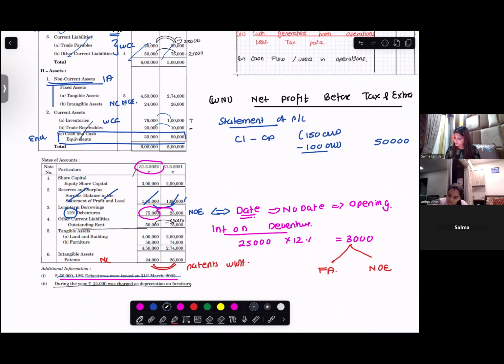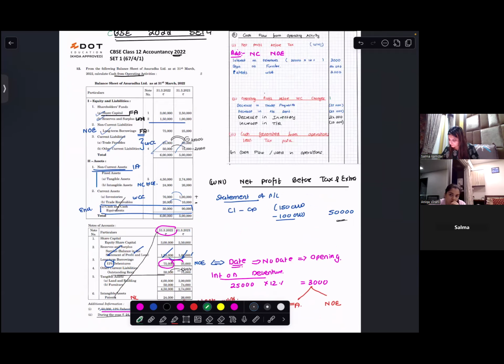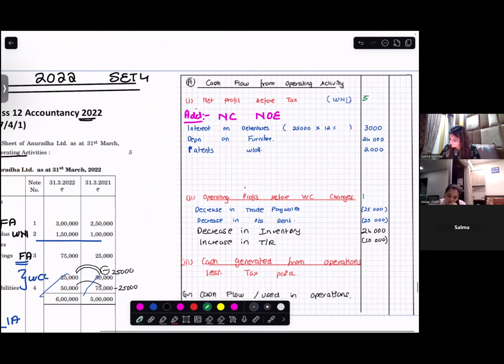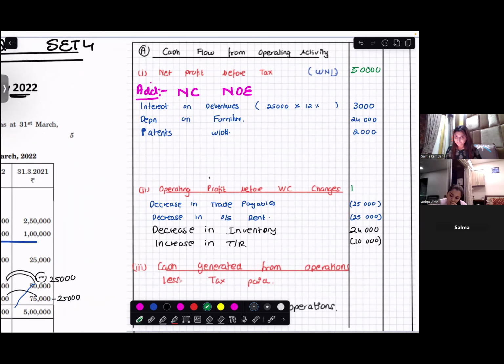Additional information is done. Notes to account is done. Everything is done. Nothing more is there in working note number 1. I will take this information and feed it over here. 50,000. Now what I am looking at is only the closing. For this I don't need the question. So I do 50 plus 24 plus 2 plus 3. This gives me 79,000. Minus 25 minus 25 plus 24 minus 10.